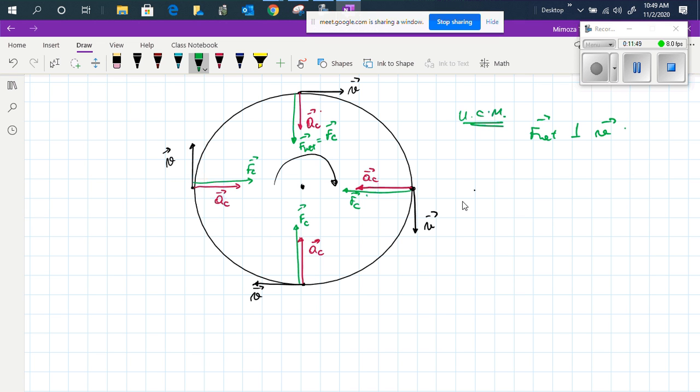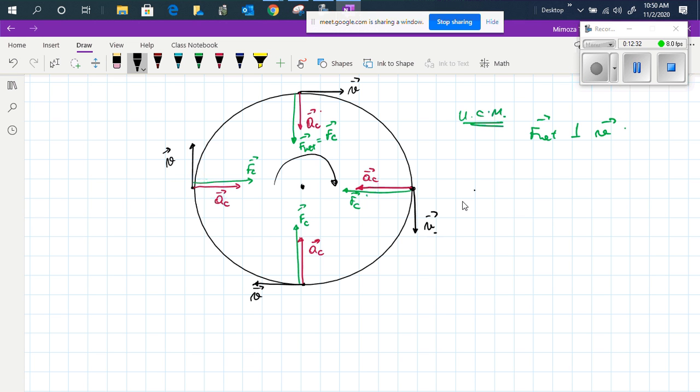Even though we call it uniform circular motion, the word uniform means that the magnitude of the velocity, the magnitude of the acceleration, and therefore the magnitude of the centripetal force or force net is the same, but the direction changes continuously. The velocity is tangent to the circle, and the acceleration and centripetal force are toward the center of the circle.